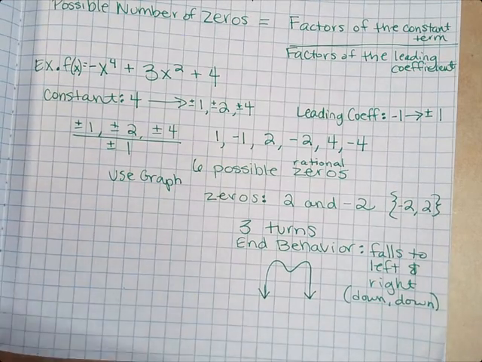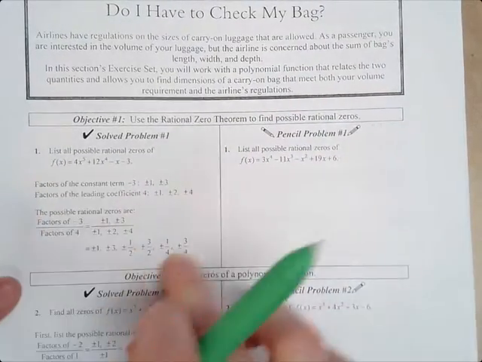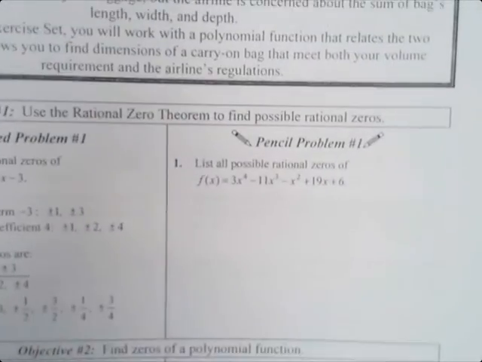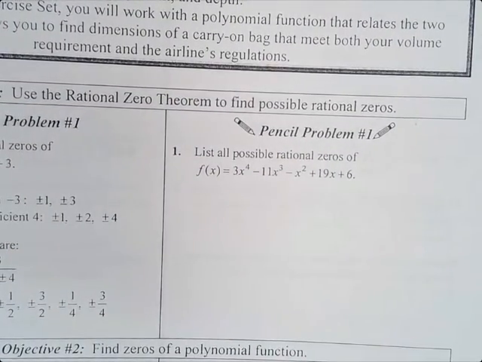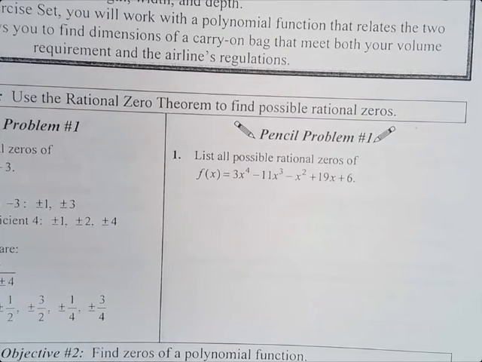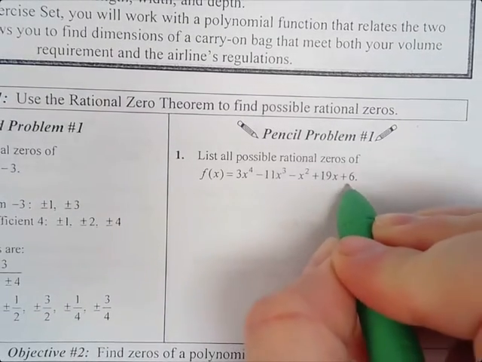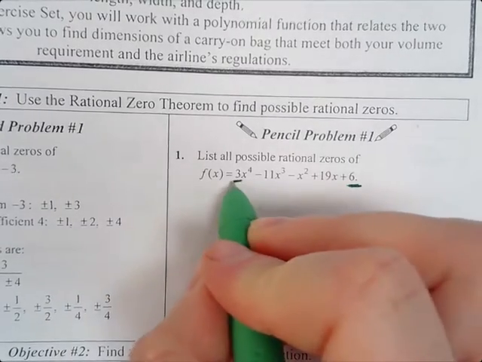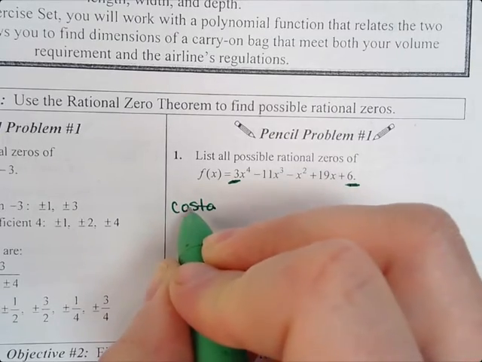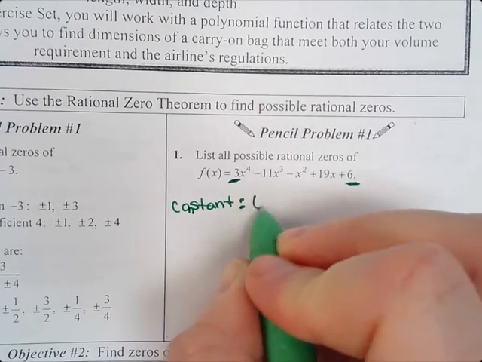Okay, so let's do the example that's on the packet. There's an example over here that explains one problem. So let's do this one. List all possible rational zeros of 3x to the 4 minus 11x cubed minus x squared plus 19x plus 6. So we look at our constant term and we look at our leading coefficient. So you do your constant first. It's a 6.